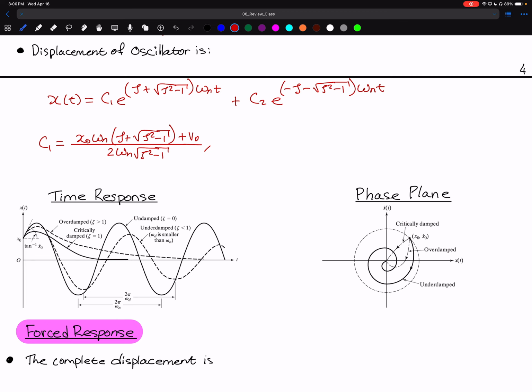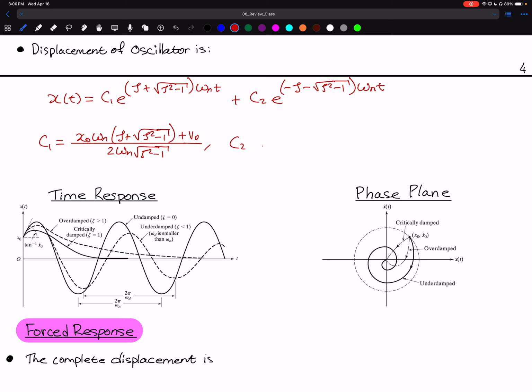And then C2 is going to be equal to a big fraction. Hold on, I don't think there's a minus up here either. Actually, I need to check that.